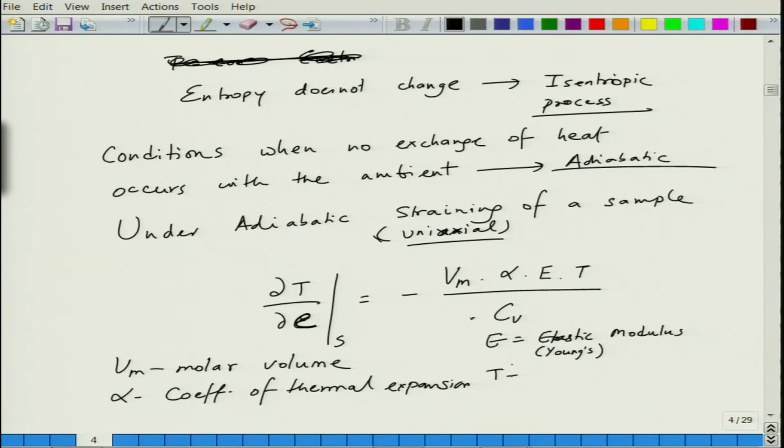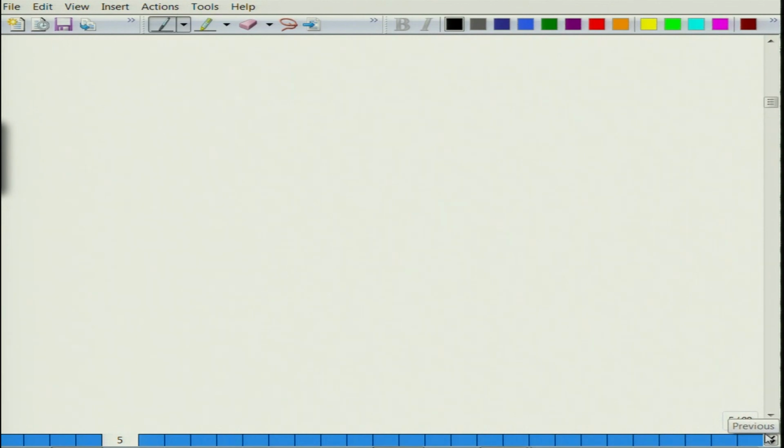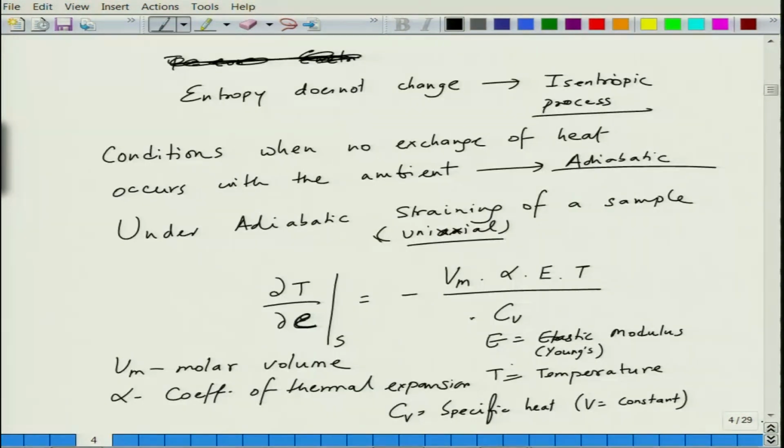T is temperature and Cv is the specific heat at constant volume. So, basically what this relation tells you is that there is a dependence of temperature on strain, and these are the terms which take part in this.